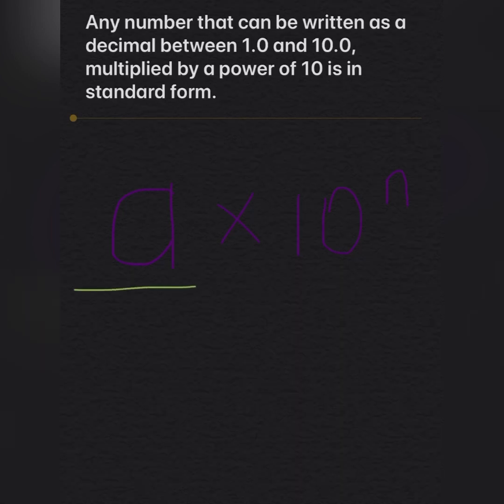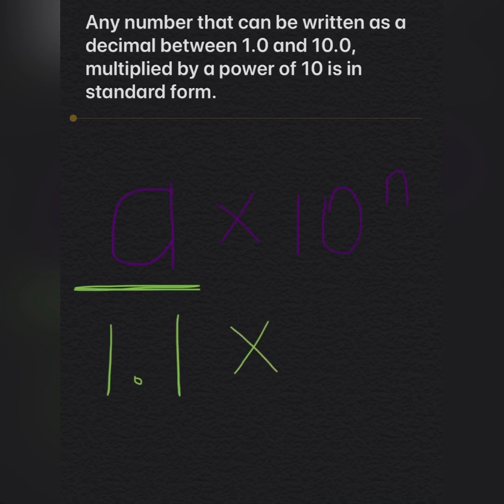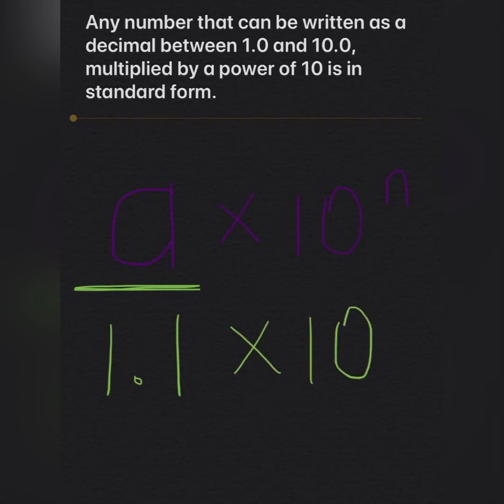A represents a decimal between 1 and 10, for example 1.1. It's always going to be multiplied by 10 to a power. I'm going to do an example to show you how we would arrive at this, but always remember that the format is A multiplied by 10 to the power of n.